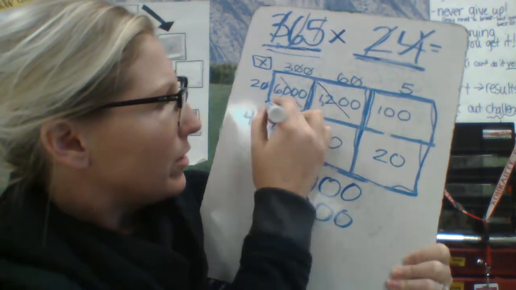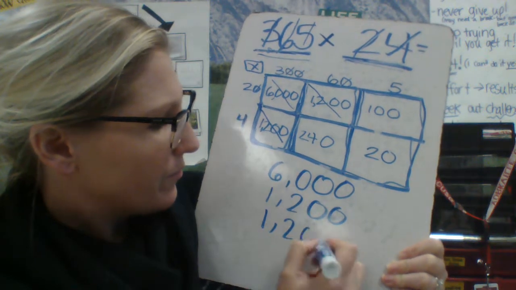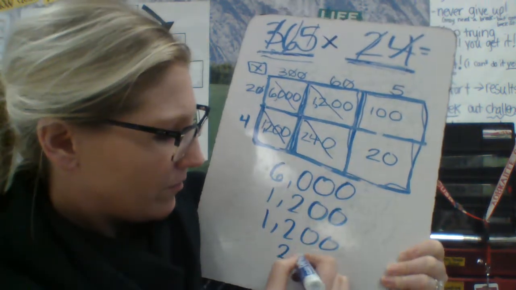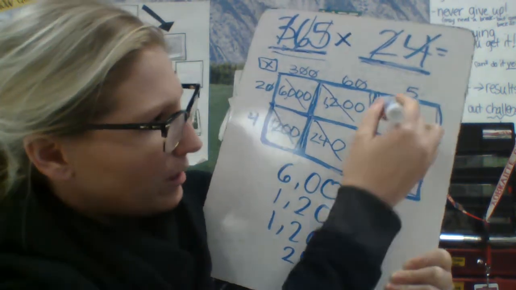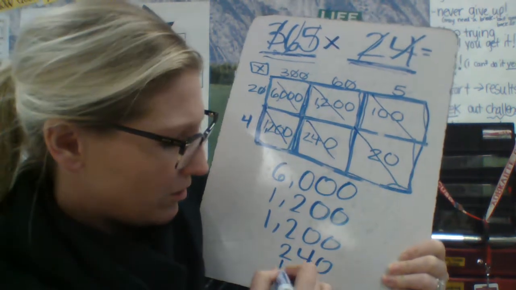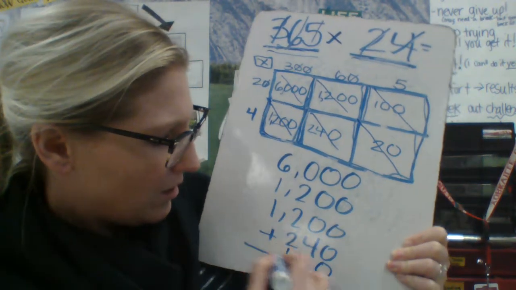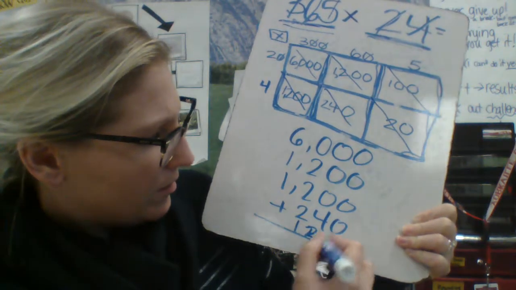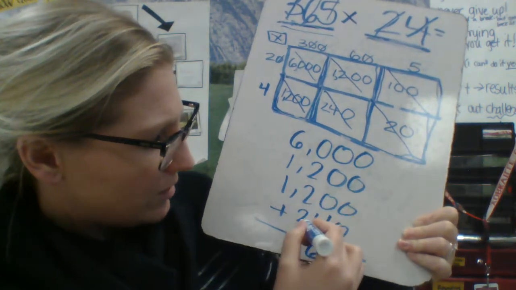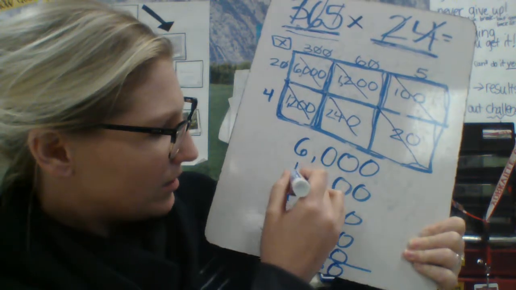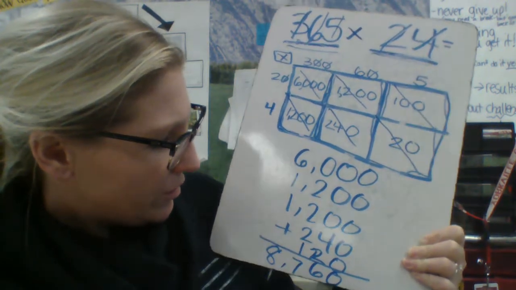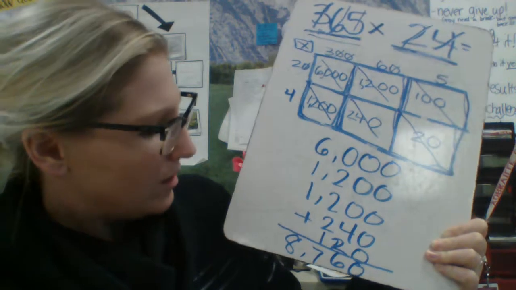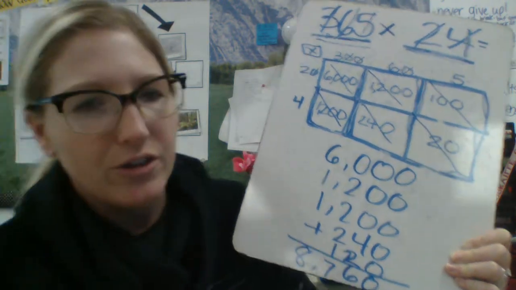Did that one, that one, that one. And then I'm going to combine these two. So 120. And then 0. 2, 4, 6, 7. 6, 7, 8. So my product, if we did it correctly, is 8,760.